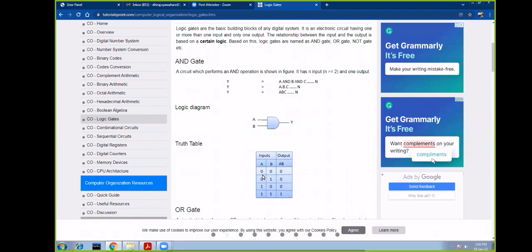If we look at the AND gate, it accepts 2 inputs, which means there are 4 different combinations, represented in this table.